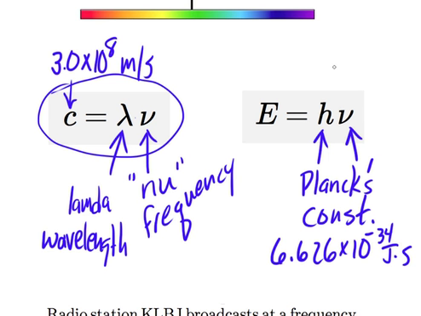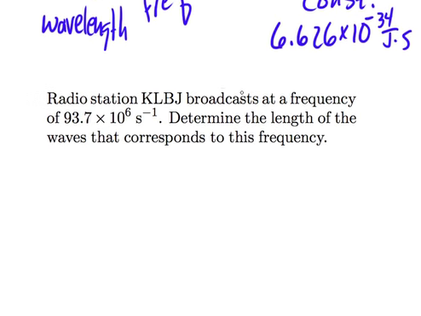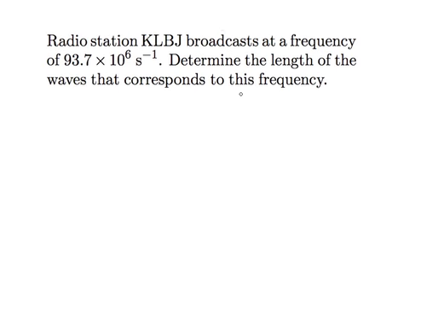And when you use this formula, you will get the energy in joules per single photon with that frequency. So this comes in handy when you want to calculate the exact energy of a single photon. You can then scale that energy up if you need to do more than one photon, such as a mole of photons. So let's take a look at an actual question utilizing that first formula.